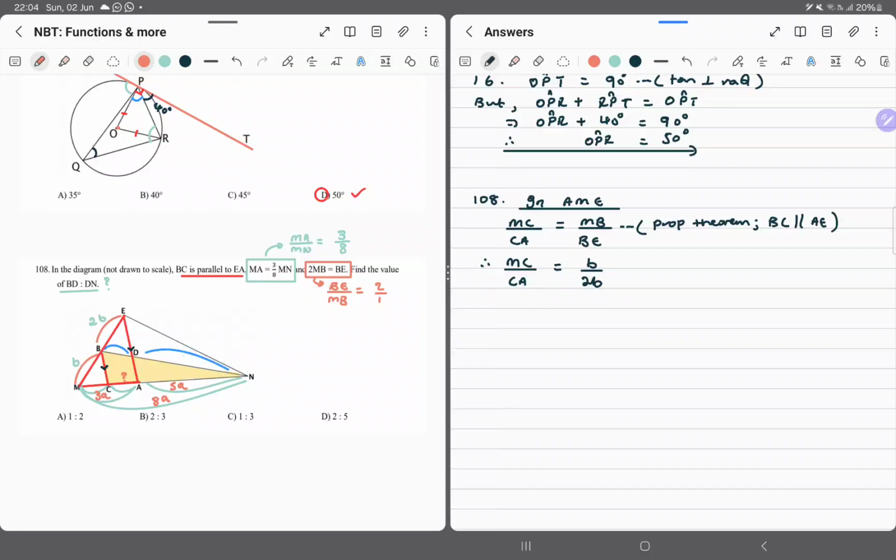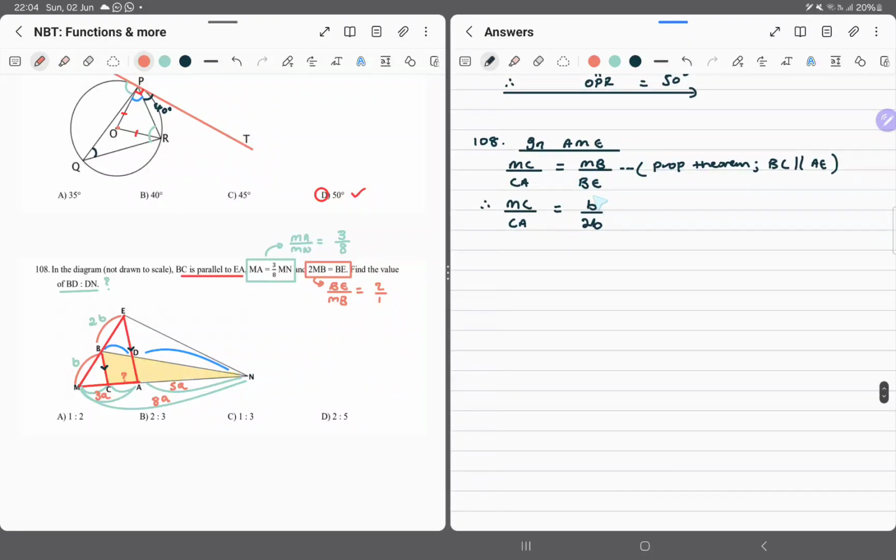Normally, this is when you're writing an exam where this is to be displayed. But in this exam, even if you don't write the reasons, be sure you write them, because when you want to double check you selected the correct answer, you need to be able to follow what you did. Maybe let's start by saying this implies, and then we can say therefore MC over CA.